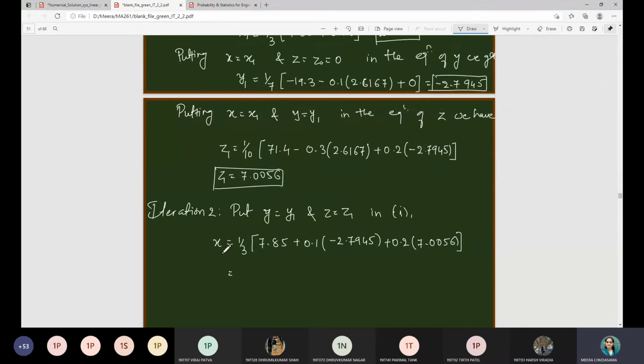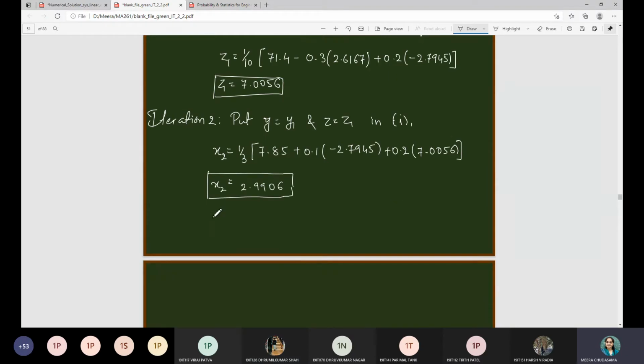What is this answer? 2.9906, correct one.